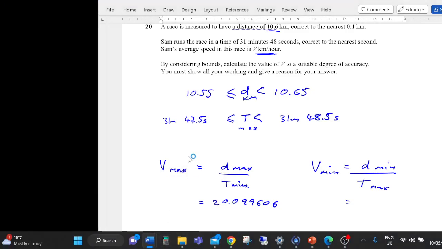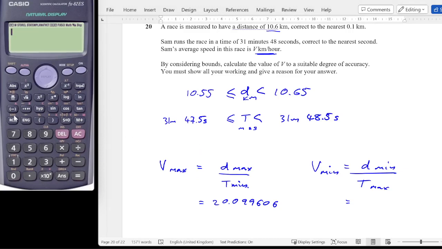Alright, let's try that again. 0 hours, 31 minutes and 48.5 seconds gives me that as a value, and I'm trying to do 10.55 divided by the answer that I've just had.